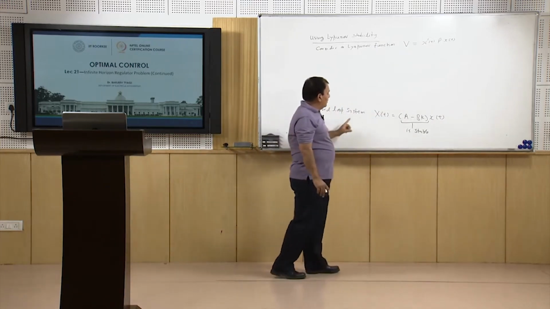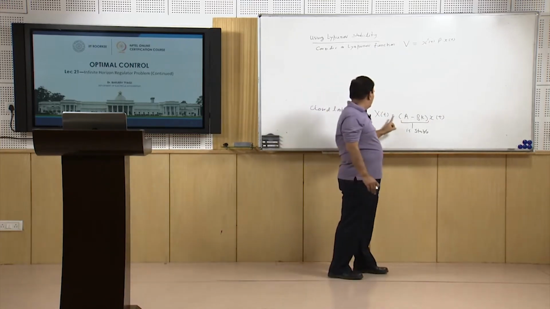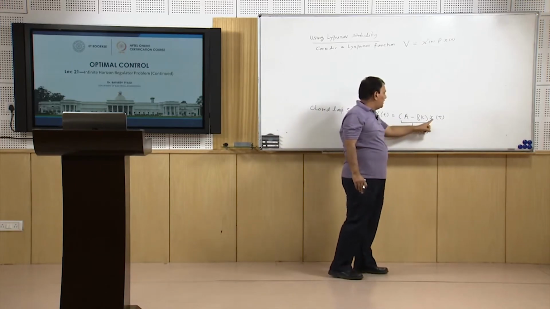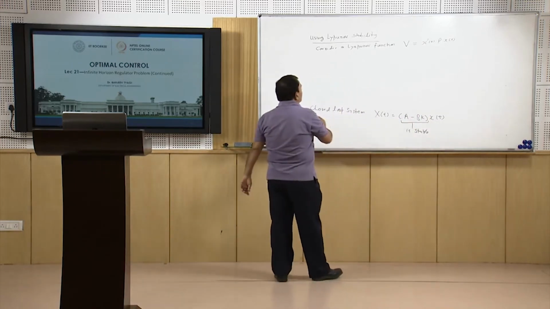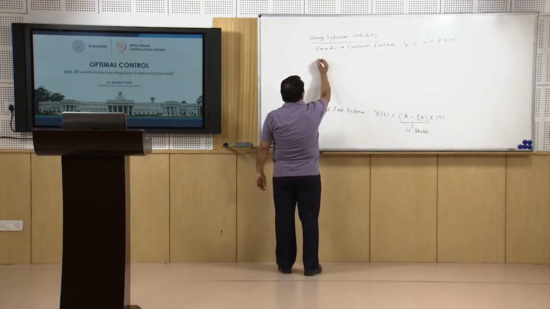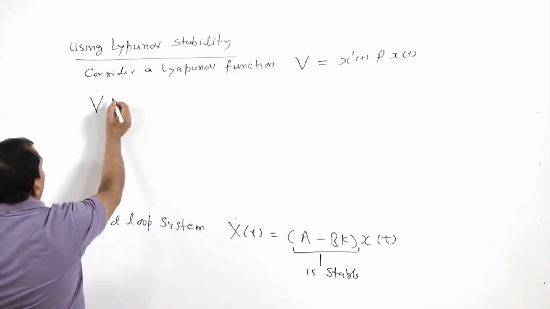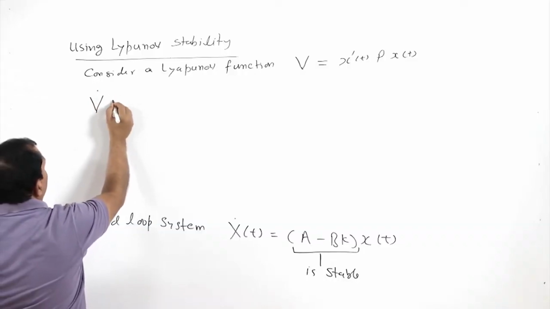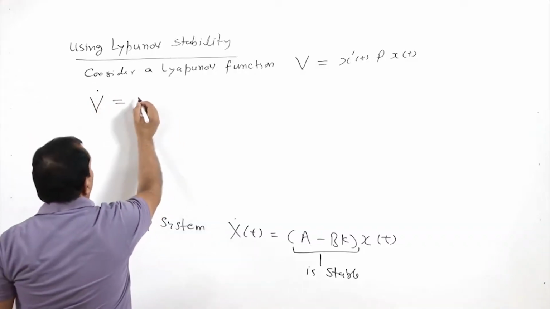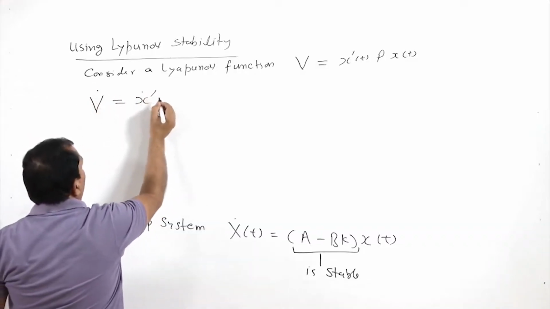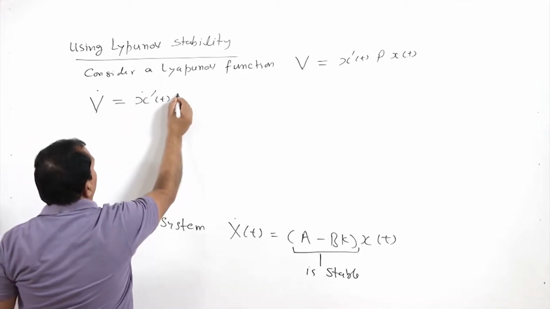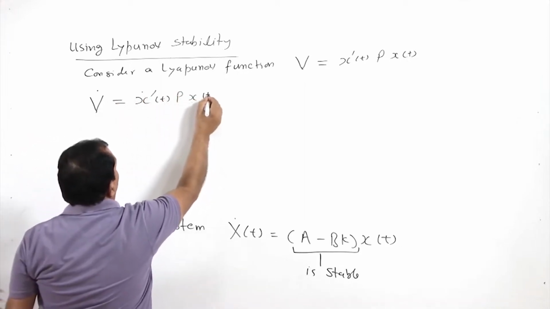For the closed loop system we have x dot equal to A minus BK x t. Next we will find V dot, which is the derivative of x transpose t P x t.